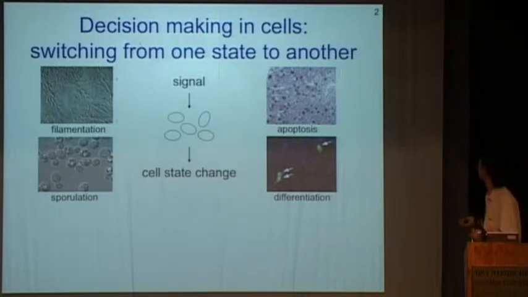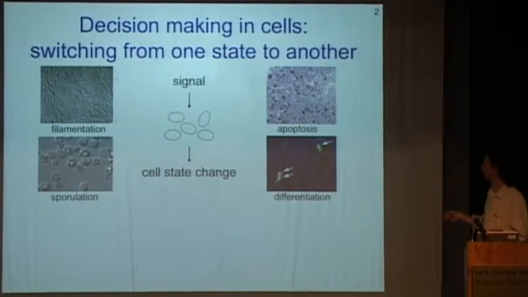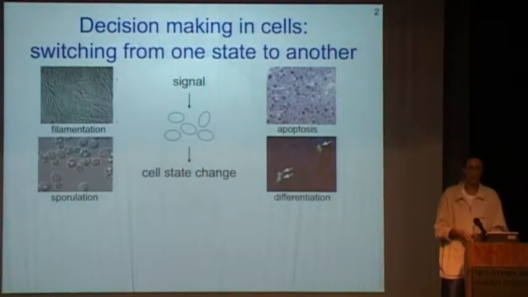So in this differentiation assay, some cells will differentiate while others not. Here, under certain burn conditions, some cells will die when others not. Some grow filamentous while others stay round. And some turn into a process which I'll describe in more detail and develop those balls, and the others stay growing normally.